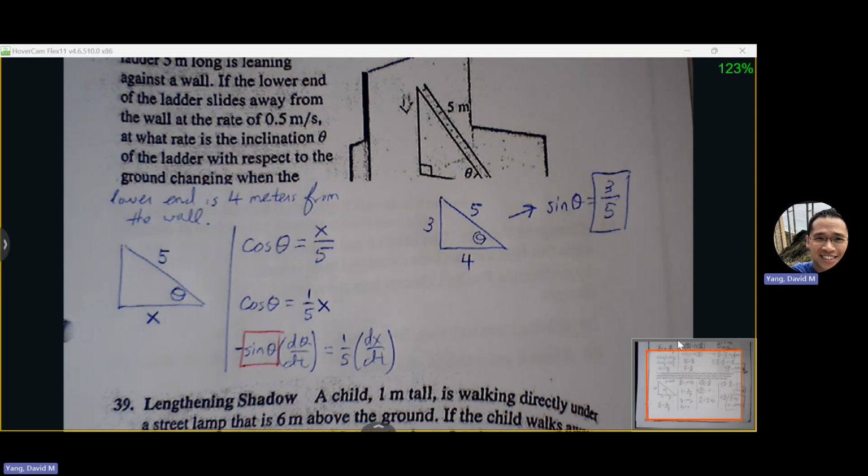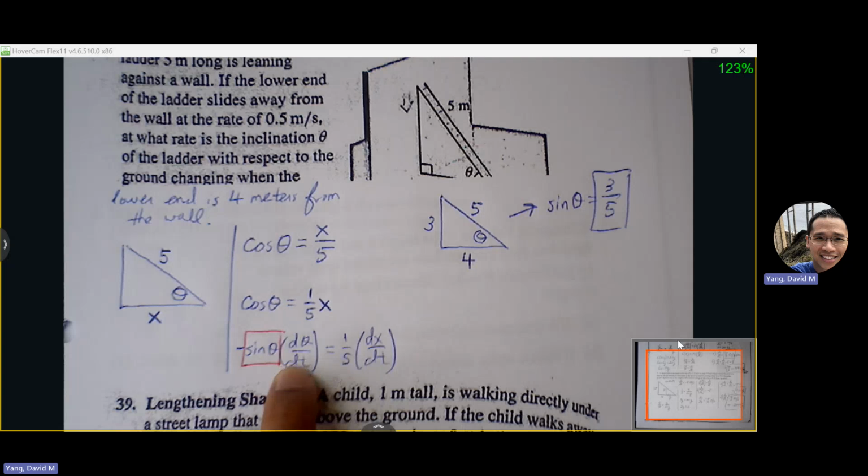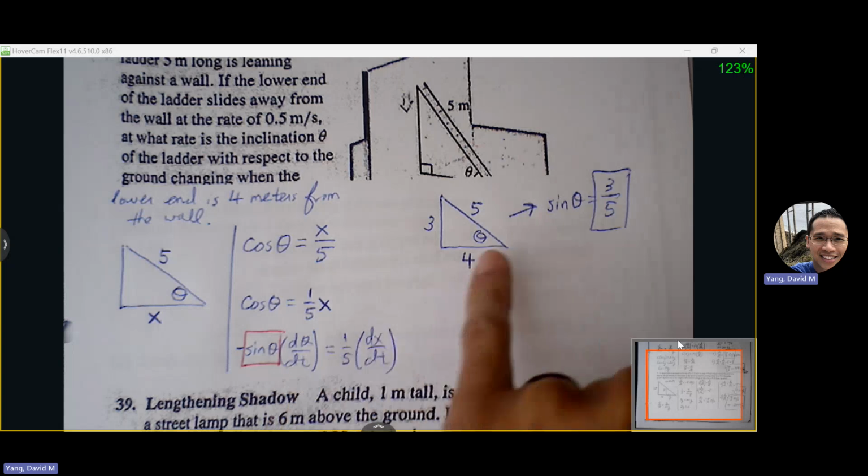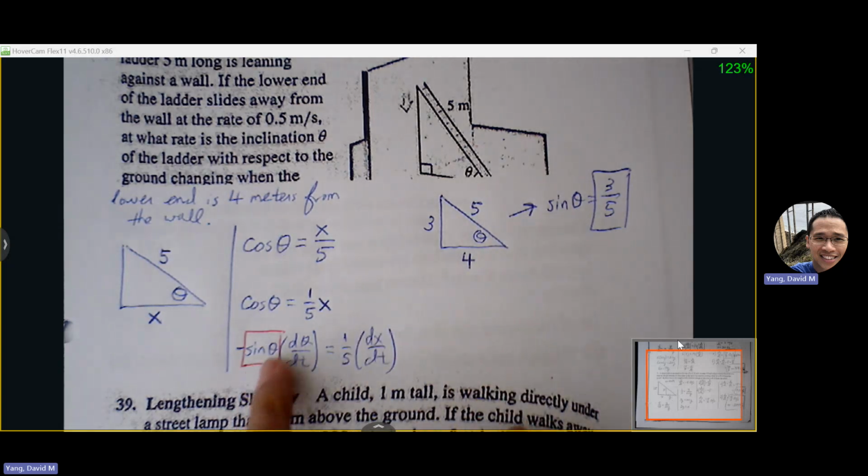And anytime you can take advantage of a constant, you can avoid quotient rule. And then you're going to create a trig equation, either sine, cosine, or tangent. After you create your equation, you find the derivative with respect to time. And then you're always going to replace your resulting trig expression with a ratio.